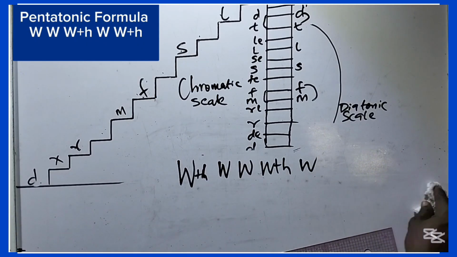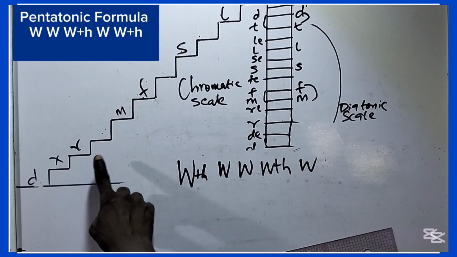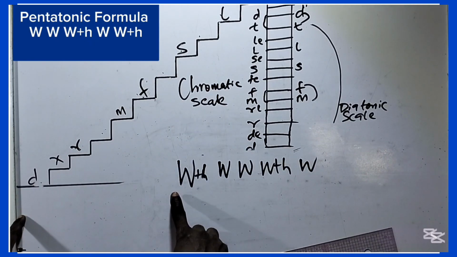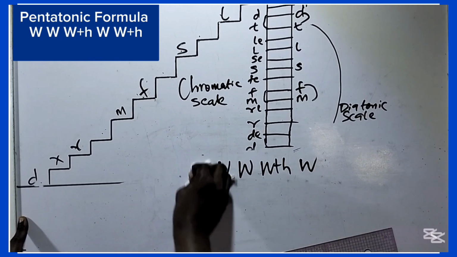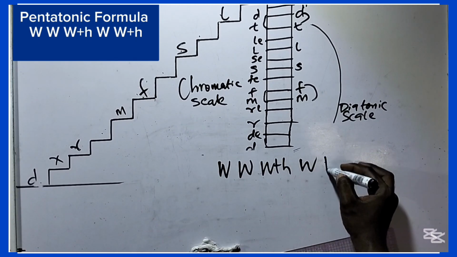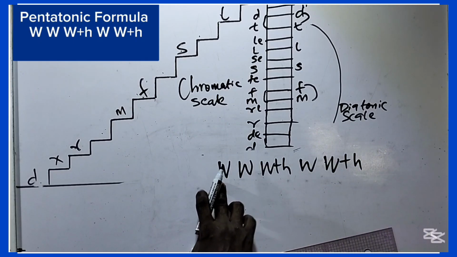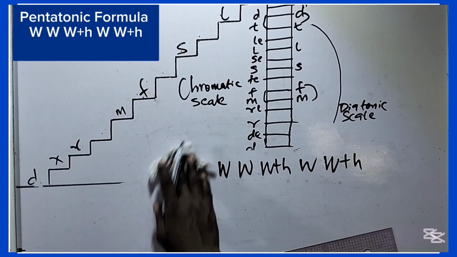But this is a lesson for another day. Whole is just do to re. Before you get to do, from la, you put here whole plus half to re, because you don't count where you are beginning. So for you to get re, if this is do, you move a tone.